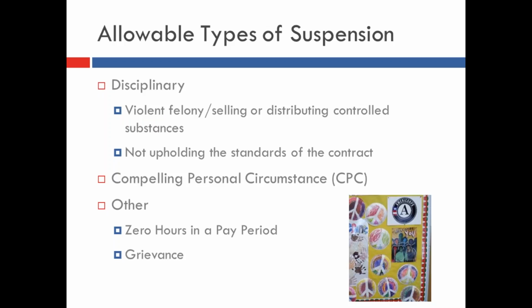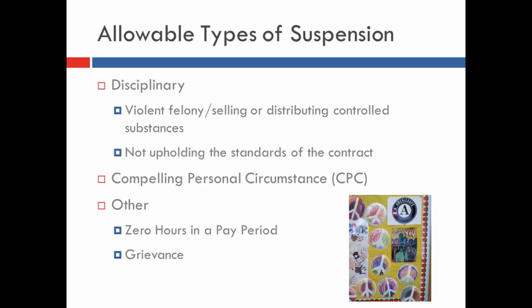Also, if an AmeriCorps member has those charges and is unable to complete their term of service, so say they were suspended for a very long period of time, towards the end of the year, for example, and they're not able to finish their term, they're eligible for a partial award, essentially a CPC exit, as long as they're cleared of those charges.